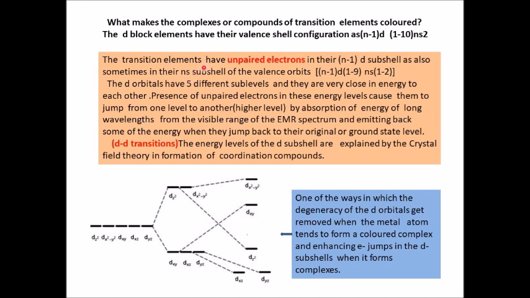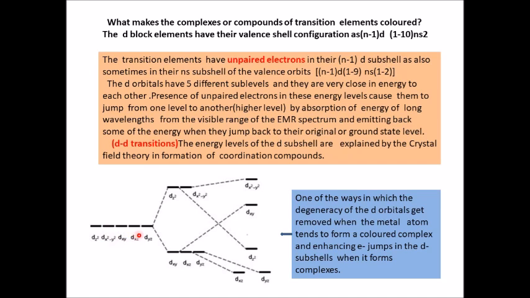The central metal atom is obviously the atom of the transition element. So when these metal atoms are approached by ligand atoms to form a bond, then the ligand atoms or the ligand molecules cause the d orbitals of the central metal atom to split.